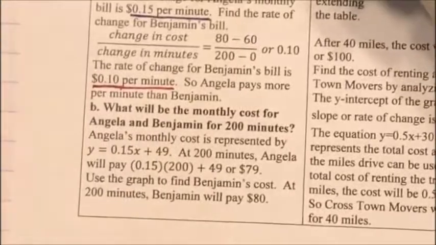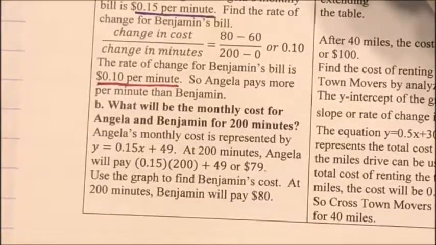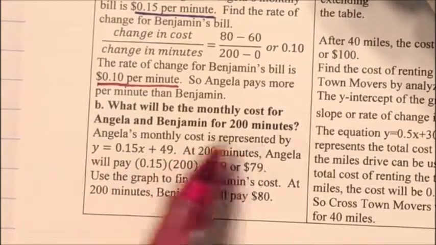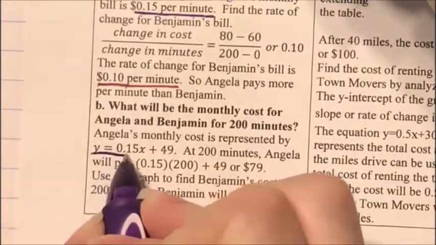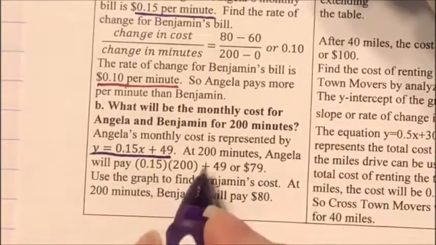Letter B says, what will be the monthly cost for Angela and Benjamin for 200 minutes? Okay, so I can easily plug this back into my function so that I can do this. Angela's monthly cost is represented as y equals 0.15x plus 49.